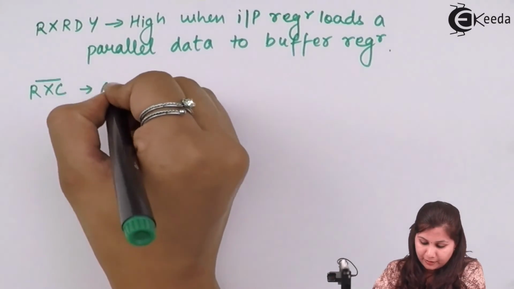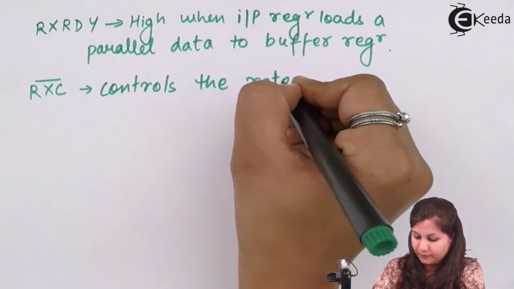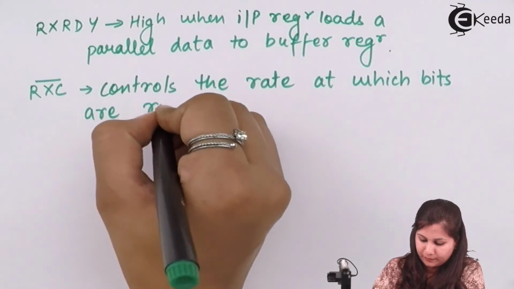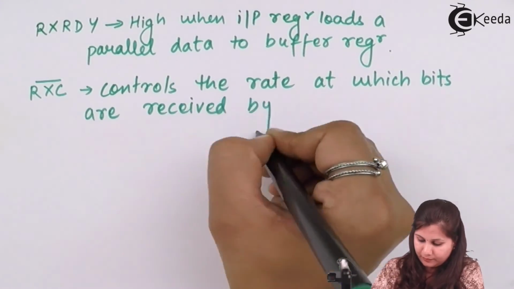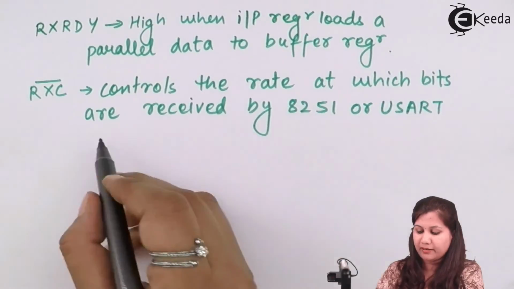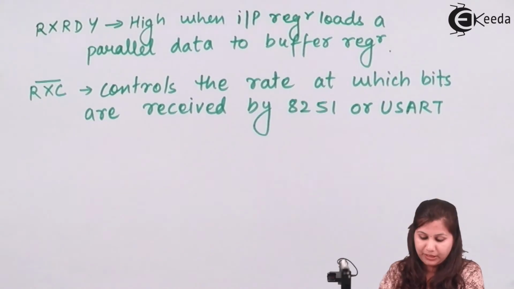So we can say it controls the rate at which the bits are received by the 8251 or the USART.